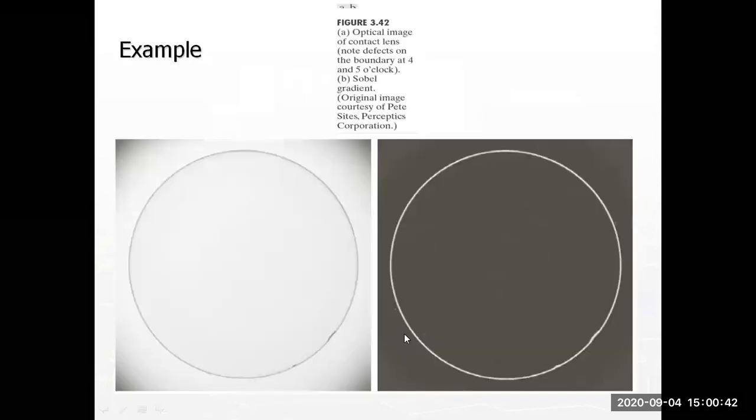Now we have to observe what happens with the Sobel operators. This is the application of Sobel operators for sharpening the circle of an optical image.